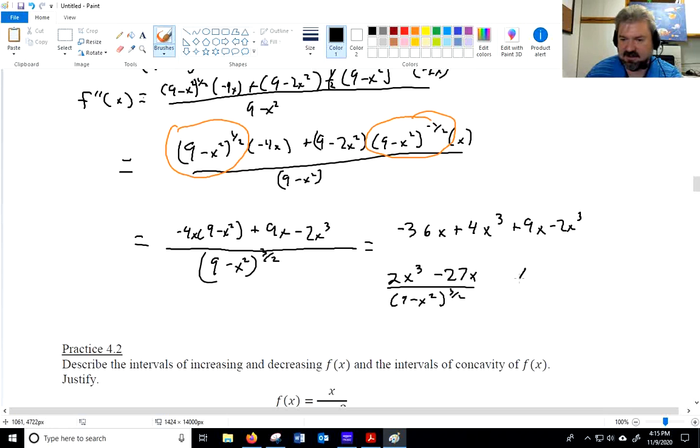We'll factor out an x, and I get x times (2x squared minus 27) over (9 minus x squared) to the 3 halves.